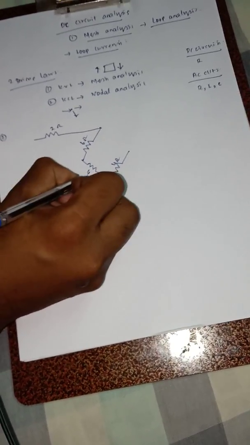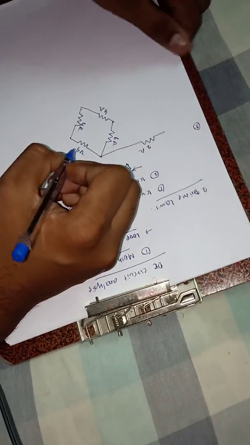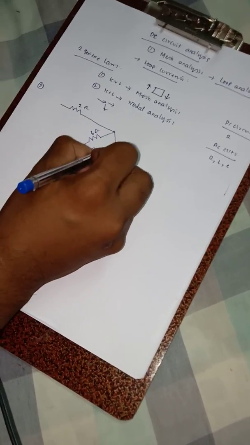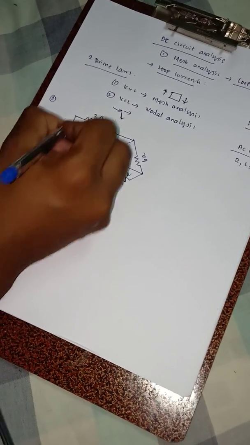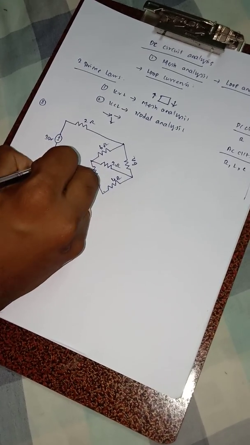This is your 4 ohms, and the closing side of the loop is your 6 ohms. Now the middle resistance value is your 2 ohms. This complete circuit is energized by a voltage source which is 30 volts.